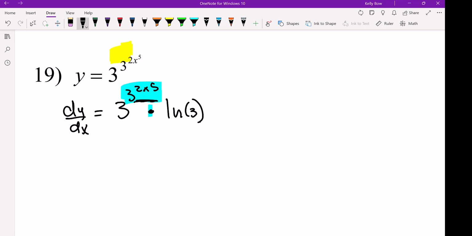The derivative of this, well, the derivative of this is you start with the original, and then the natural log of base 3 again, then times the derivative of 2x to the 5th, which is 10x to the 4th. And then let's see what we have here.